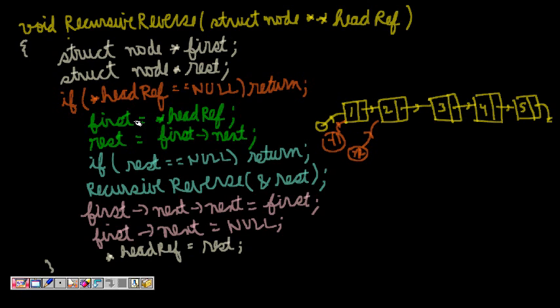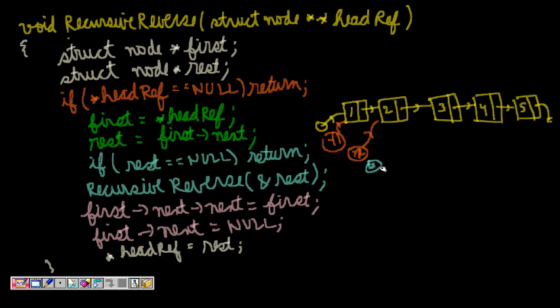Head reference is here, equal to the first one. Both are pointing to the same node. Now if rest is equal to null, we return, but it's not so. I call recursive reverse with rest, so I will pass the pointer to the rest. Now let's move to the next level. In this one, I come here.